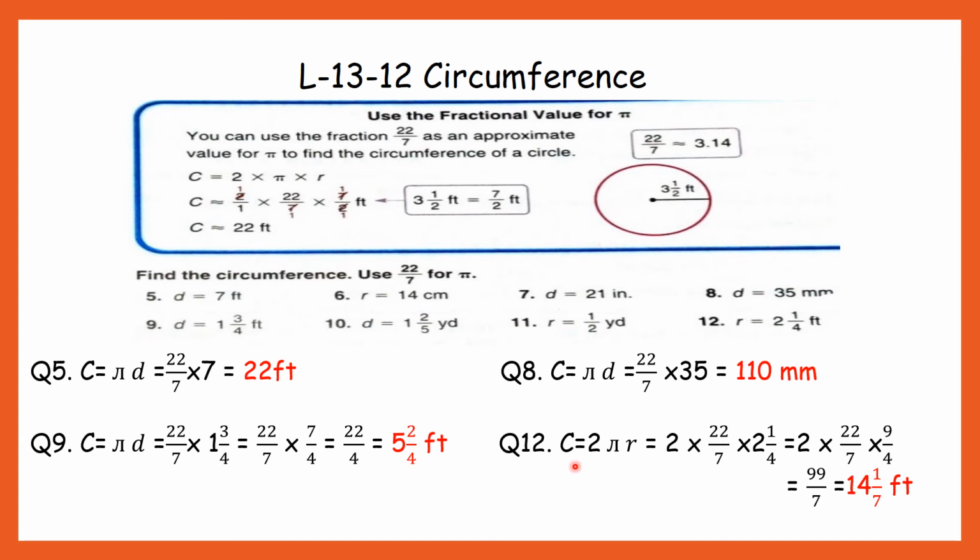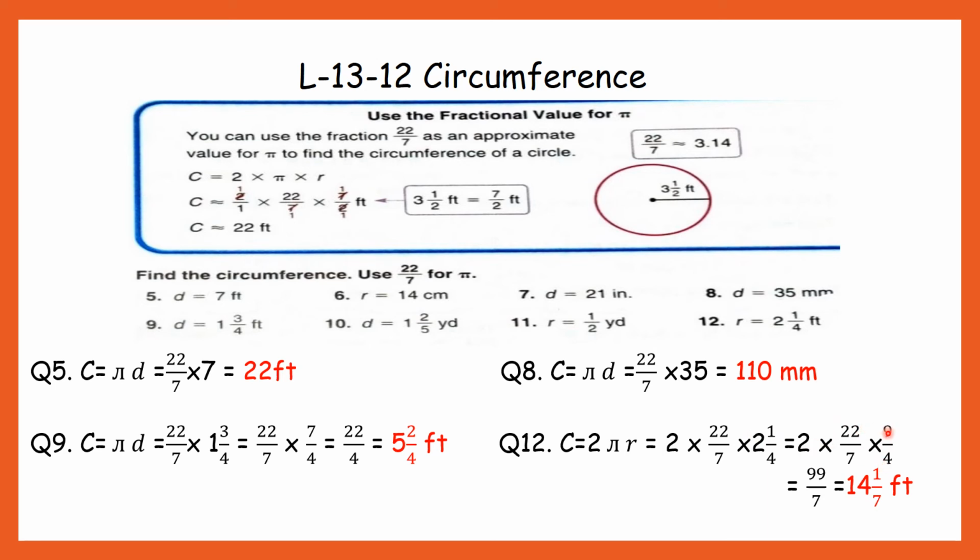And in question number 12, you can see again a fraction. A mixed fraction is given, so first convert it into an improper fraction. 4 multiplied by 2, 8 plus 1, 9, 9 by 4.